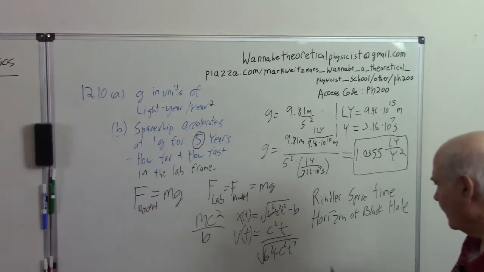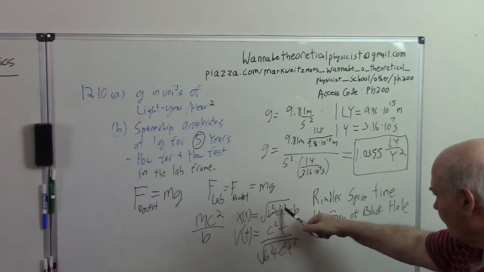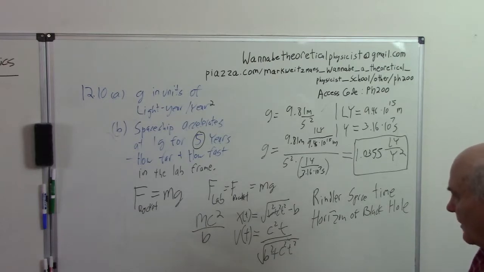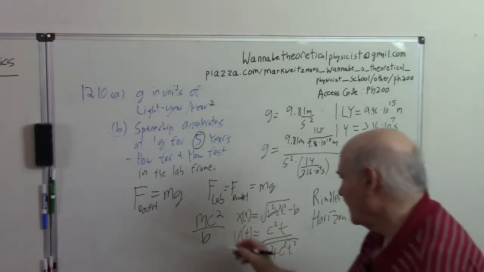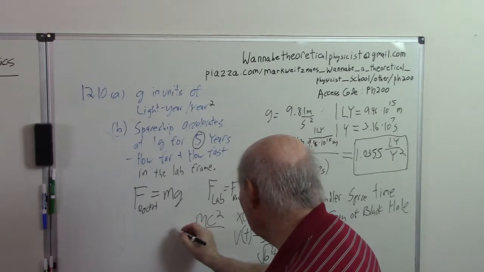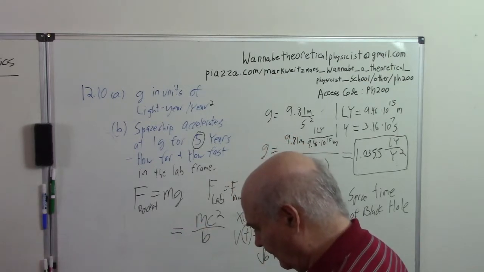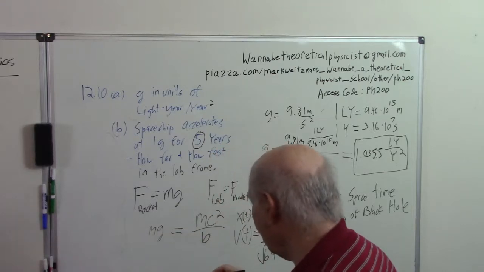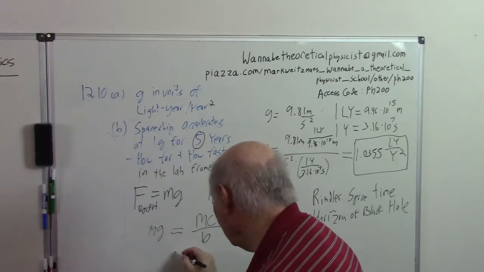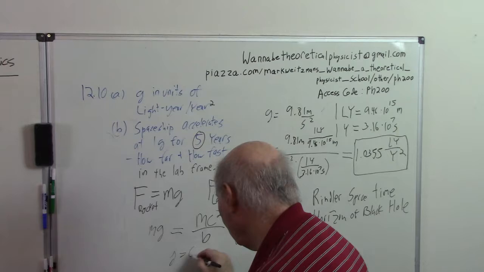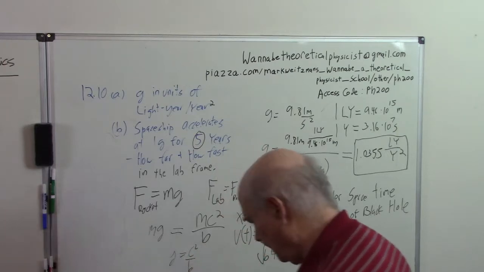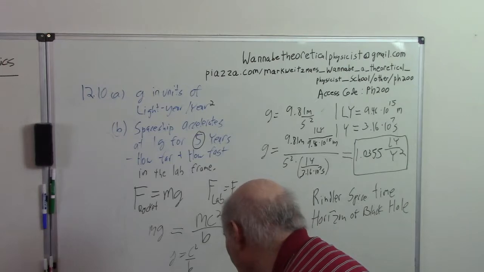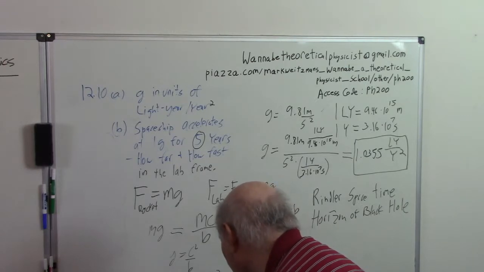Let me see if I did that right. 1/2, I'm going to get c squared 2t, okay, yeah. So all we have to do is make the substitution mc squared over b equals mg. The m's cancel out, and so we get g is equal to c squared over b. And more importantly, b is equal to c squared over g.